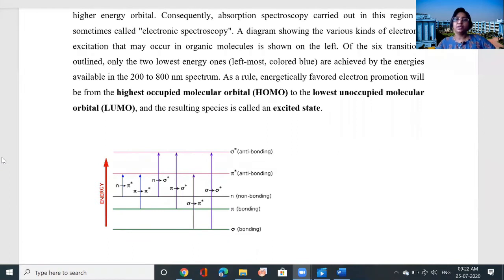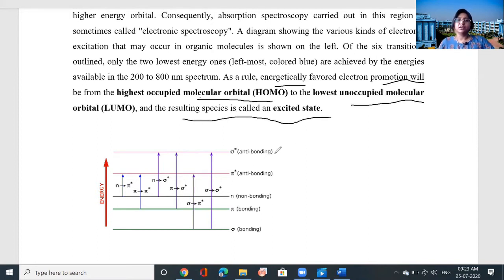As a rule, energetically favored electron promotion will be from the highest occupied molecular orbital to the lowest unoccupied molecular orbital, and the resulting species is called an excited state.